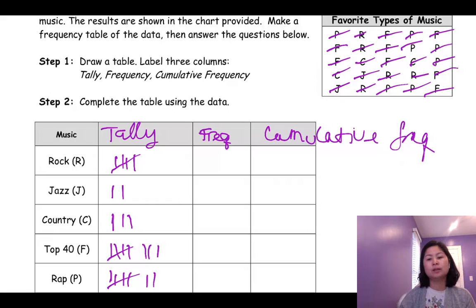So it's okay. We look for the group, and that's how you come up with the tally. One student asked last time, how do I know what tally I need to use? It's based on the list that's given to you.